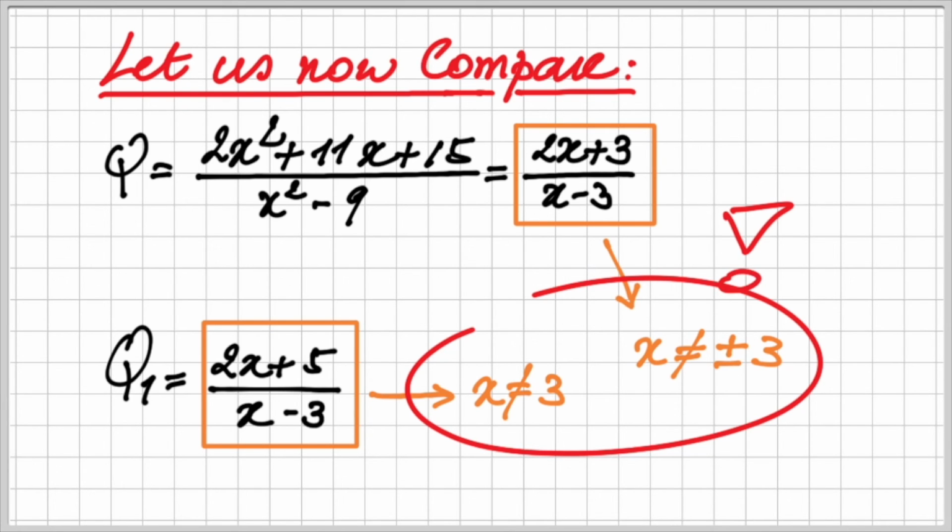And those two graphs look totally different because we have a second 0, a second root for the denominator.